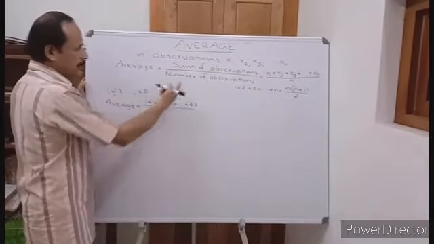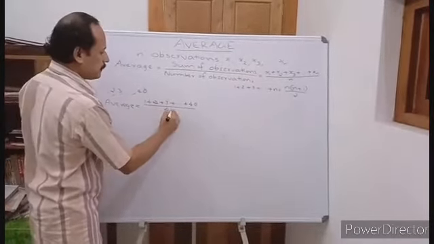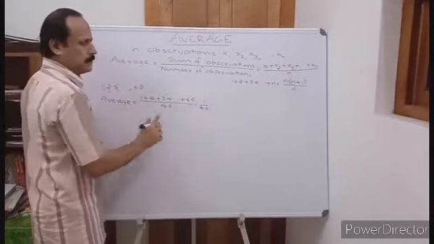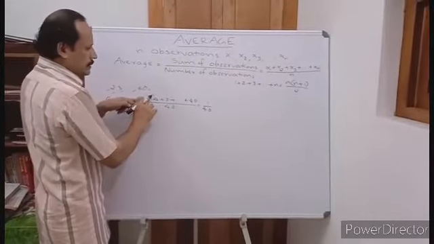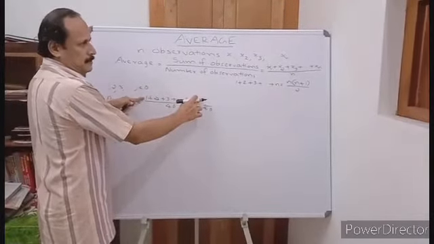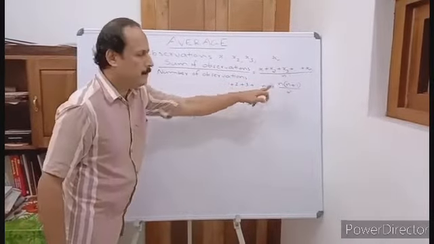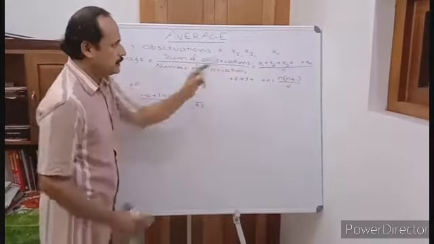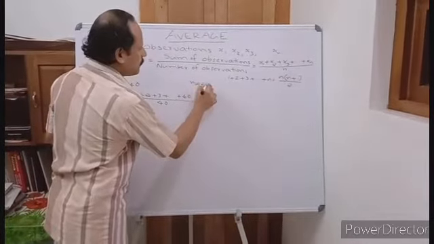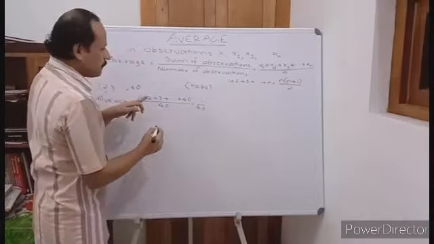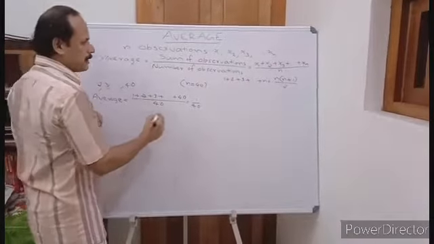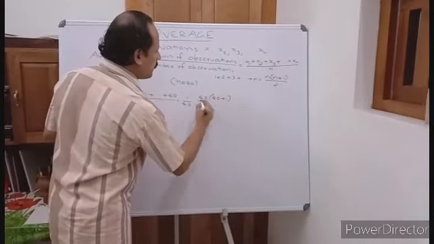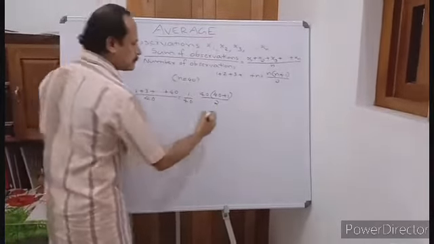all divided by the number of observations, which is 40, so 1 by 40 into the sum of the first 40 natural numbers. Using this formula, 1 plus 2 plus etc. plus n equals n into n plus 1 by 2, with n equal to 40, we have the numerator equal to 40 into 40 plus 1 divided by 2.